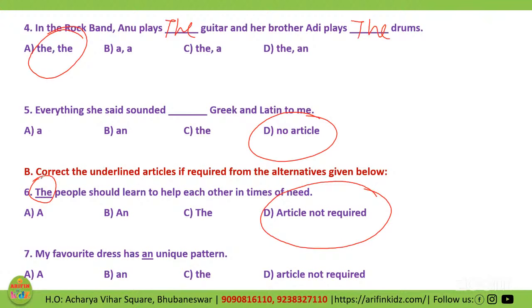Number 7. Yes, the pronunciation of unique starts with U, right? So a unique pattern, right? So it starts with Y sound. So a unique pattern. Very good.